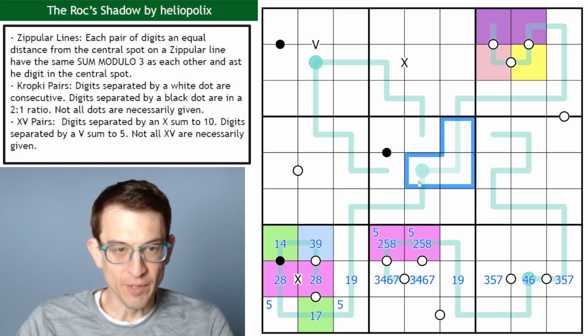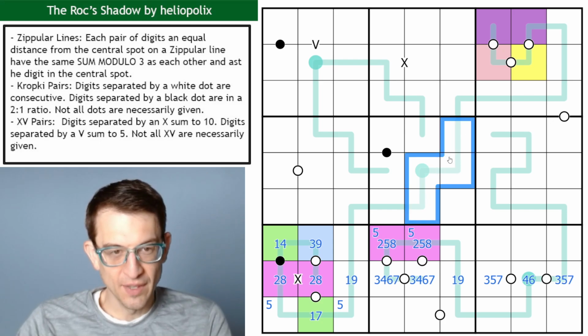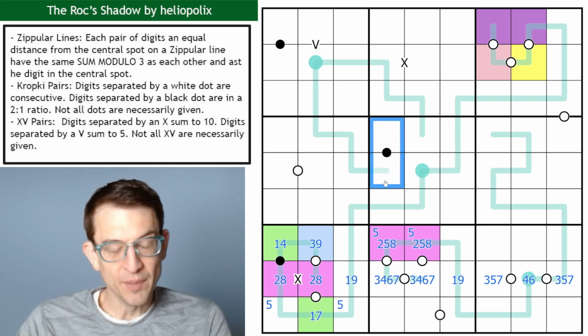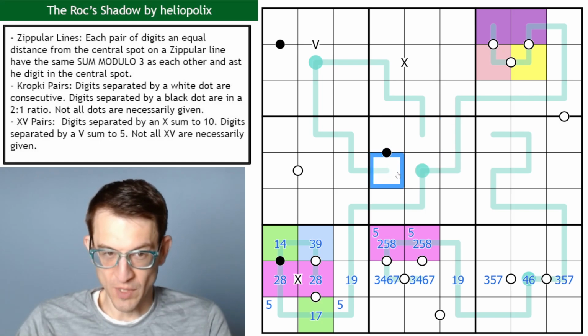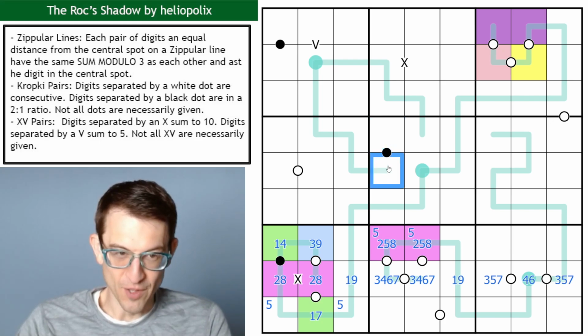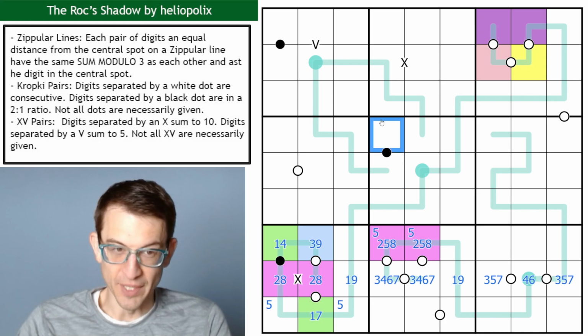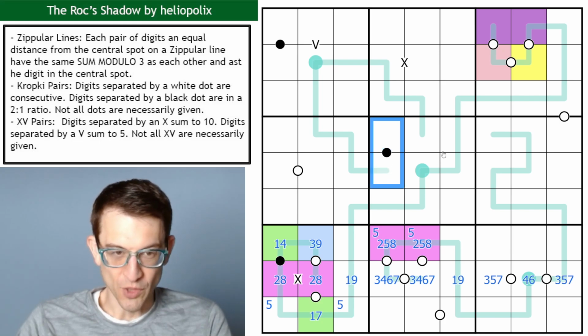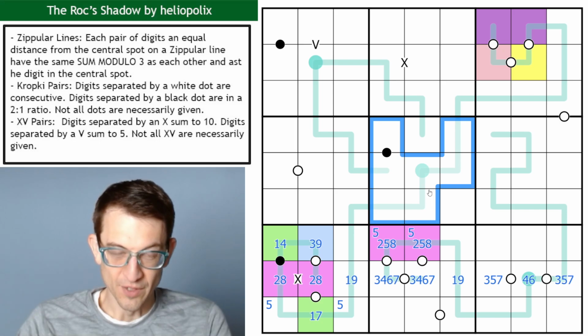Oh, but I can do that here, right? So this is the same thing. These have a remainder of 0 in total. And on a black Kropki dot, that will also be true, because one of these is going to be the smaller number, whichever it is, and the other one's going to be double it. So the total is going to be 3. So these all together have a modular sum of 3 or 0.